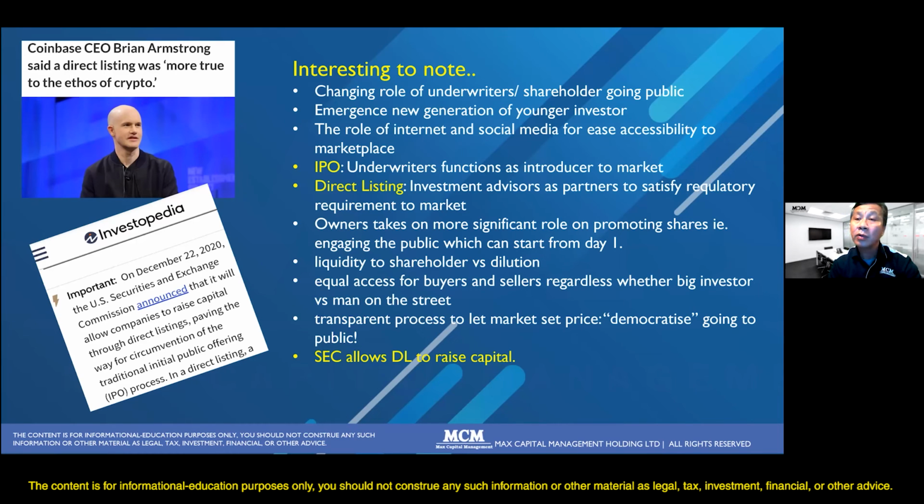Those people who used to play Roblox are now eligible to become investors themselves, with the role of the internet and social media providing ease of accessibility to the marketplace. While in an IPO, underwriters function as introducers to the market, in direct listing, an investment advisor partners with a private company to satisfy regulatory requirements to the market.